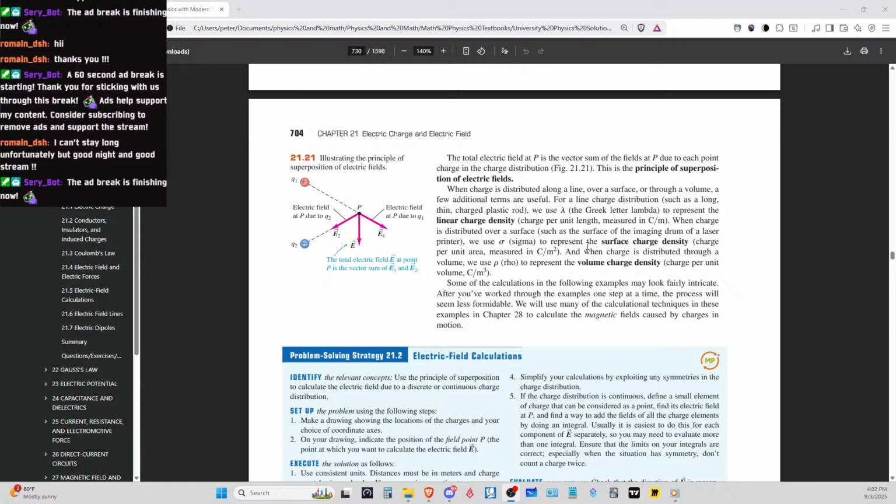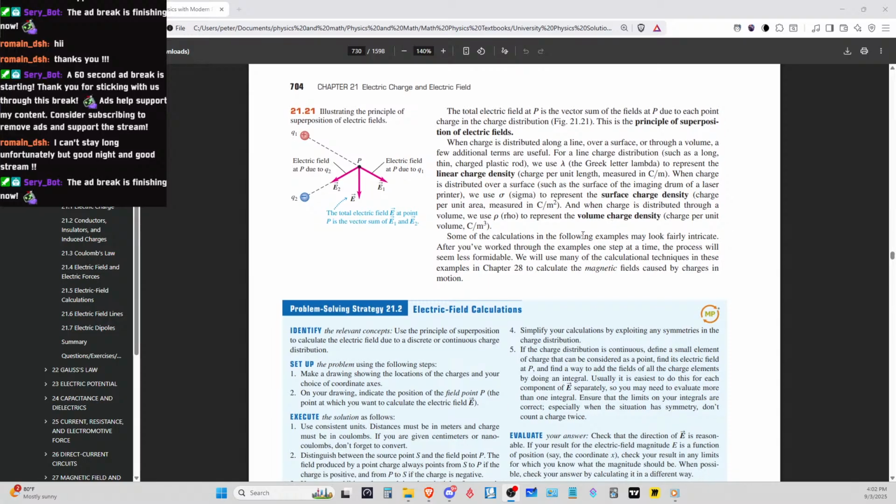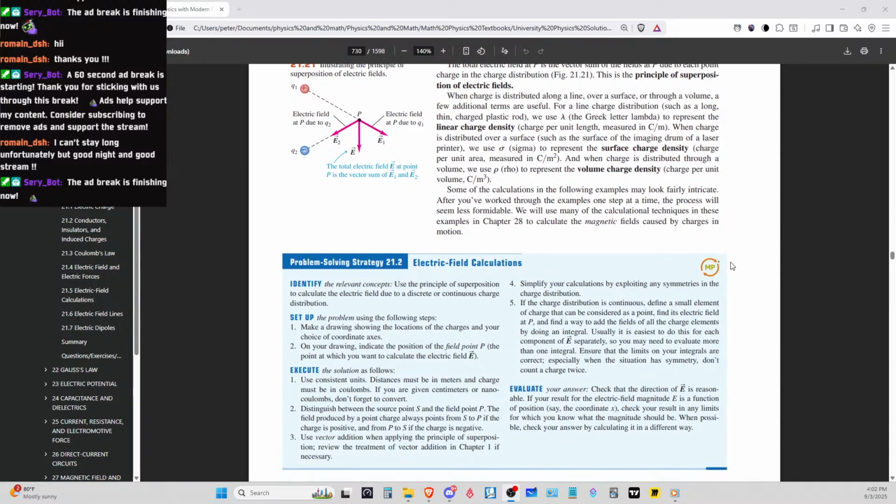Then we have sigma, which is the surface charge density. And when the charge is distributed through a volume, we have rho, which is the volume charge density. Some of the calculations in the following examples may look fairly intricate after you work through the examples. So we will use many of the calculation techniques from the examples in chapter 28 to calculate magnetic fields caused by charges in motion.